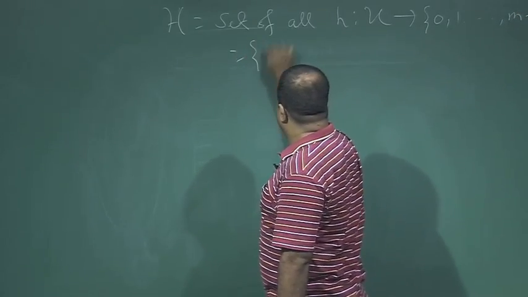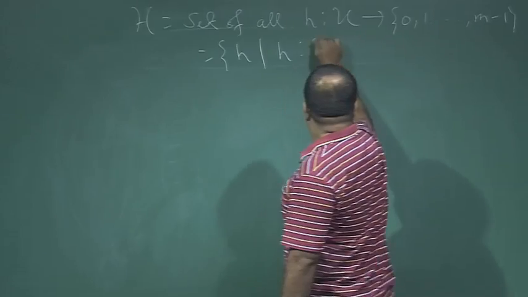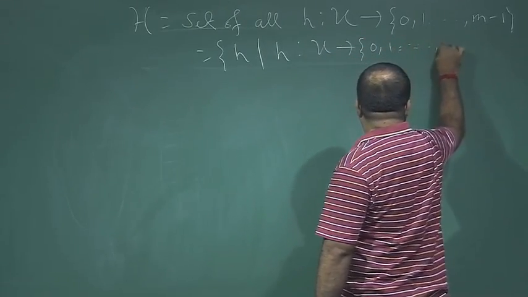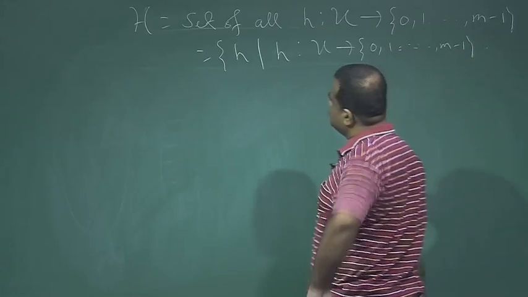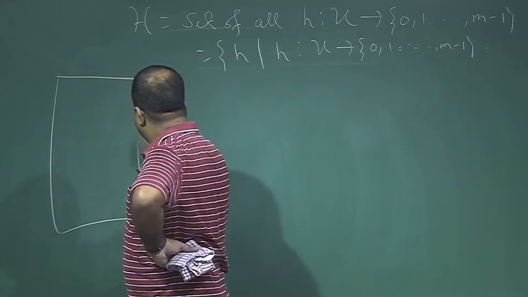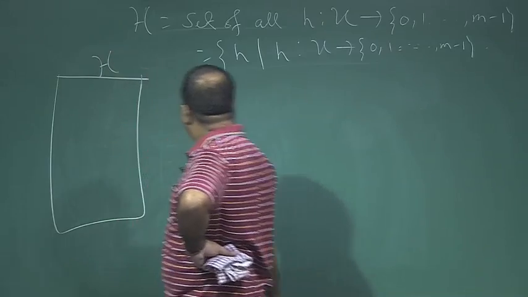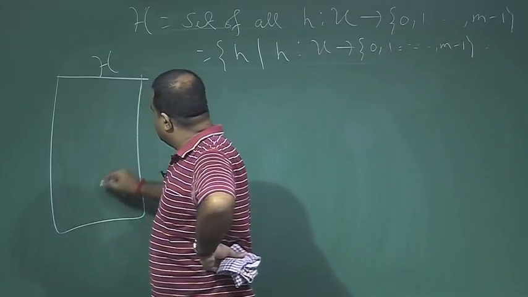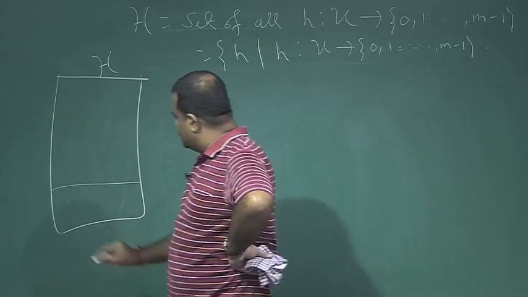So H is basically the set of all hash functions from U to this. This is our collection. Now, among this collection, suppose we have a bad portion.